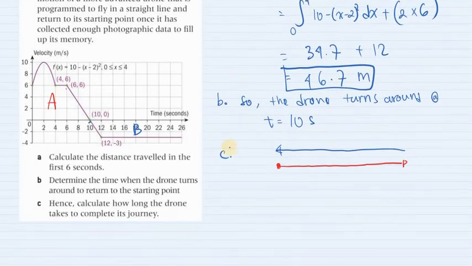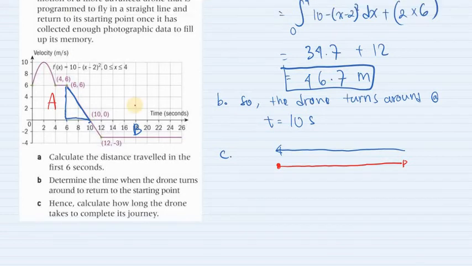Okay, with that in mind, let's first calculate the distance in A. In A, we already got this part from 0 until 6. We need only to add this part, the triangle part. So region A, let's use red for that.